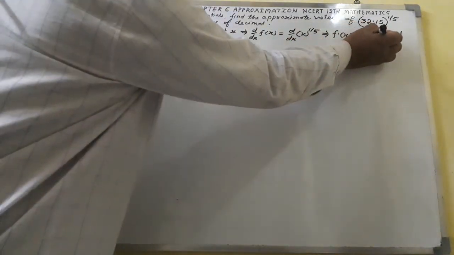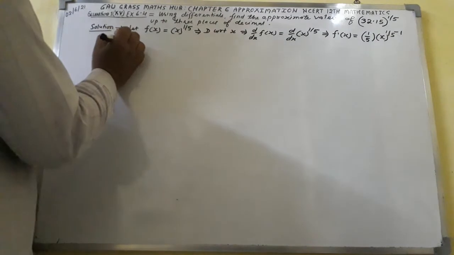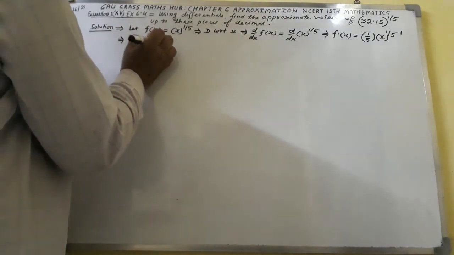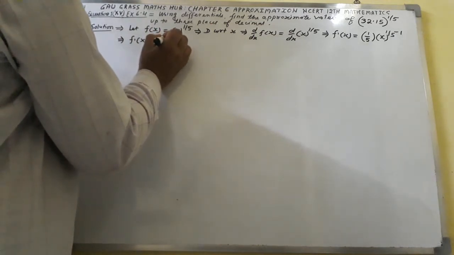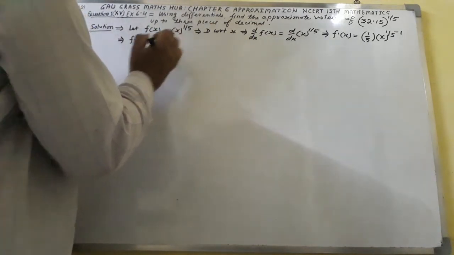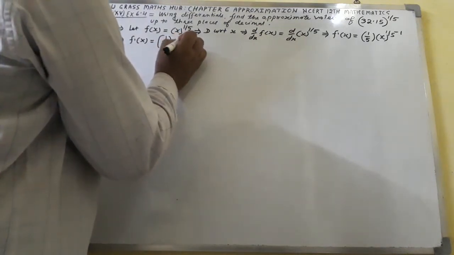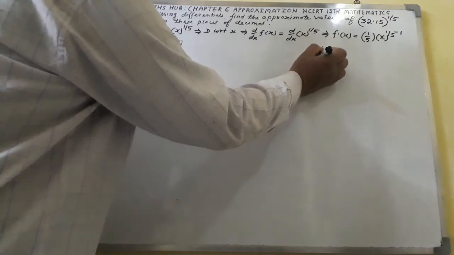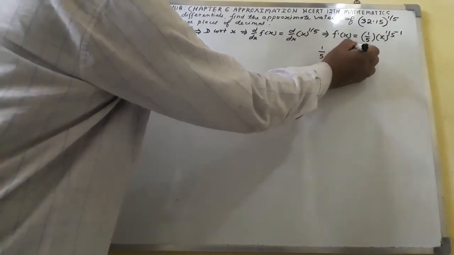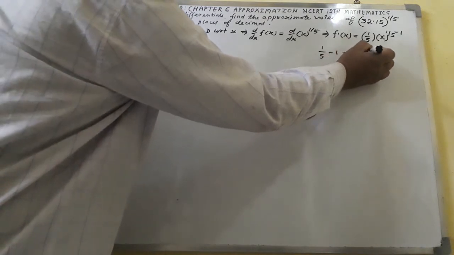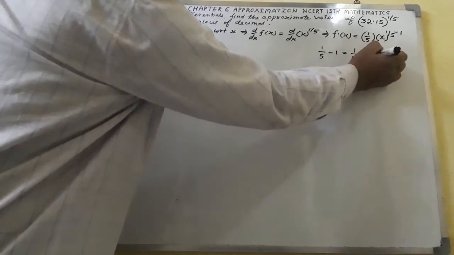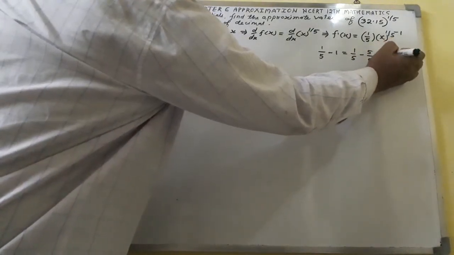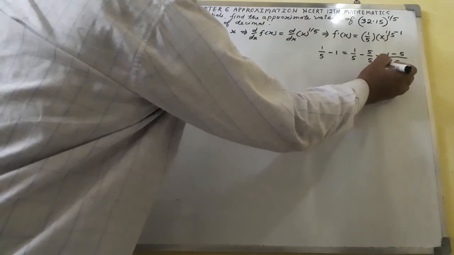Now again I shall write f dash of x equal to 1 over 5 x raised to the power, and now find 1 over 5 minus 1, which is 1 over 5 minus 5 over 5. The LCM will be 5, so 1 minus 5 gives minus 4 over 5.